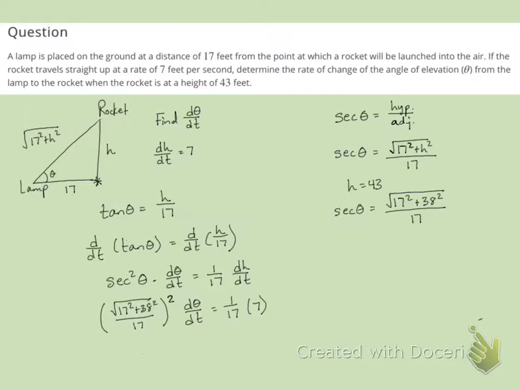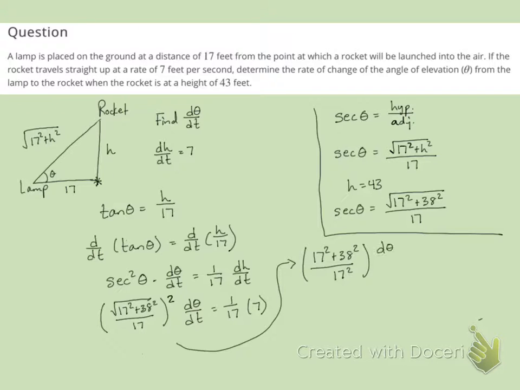And so now I want to solve for this d theta dt. So we just need to do some algebra here, but let me square this off here. If I square both of these sides, I'm going to get 17 squared plus 43 squared over 17 squared, that times d theta dt equal to 7 over 17.